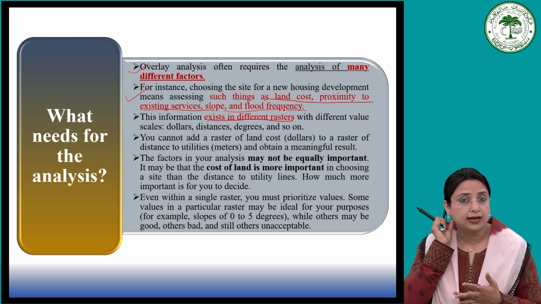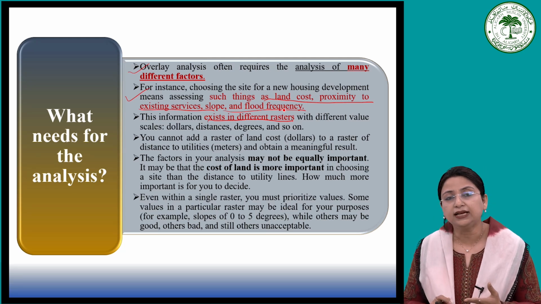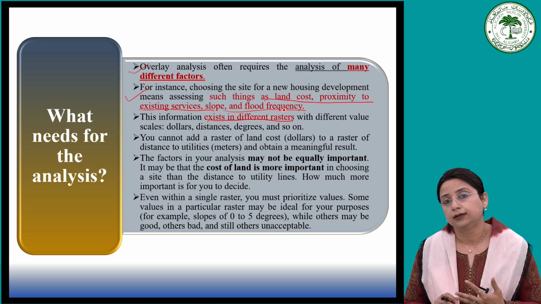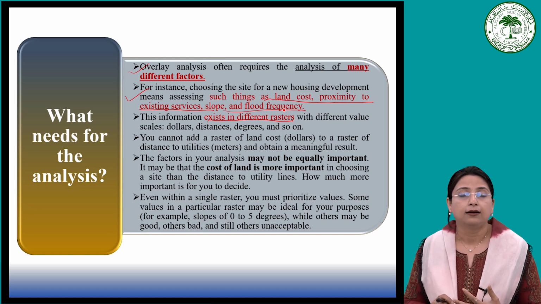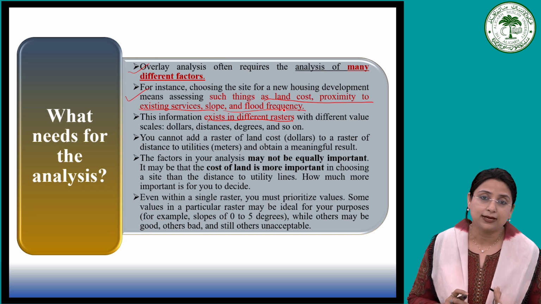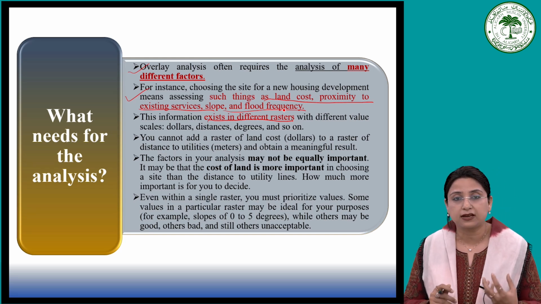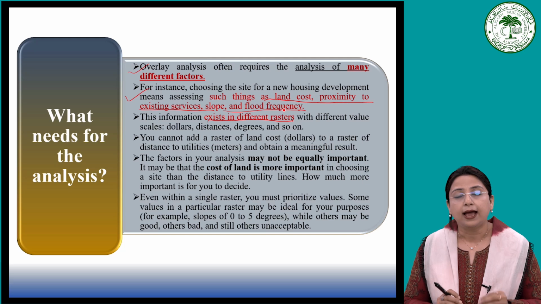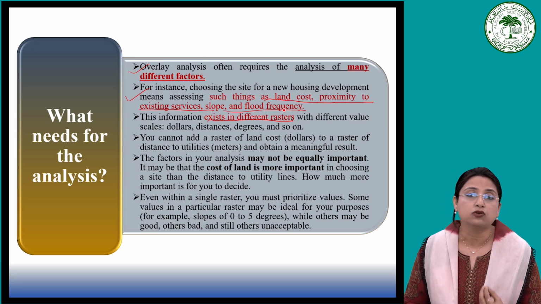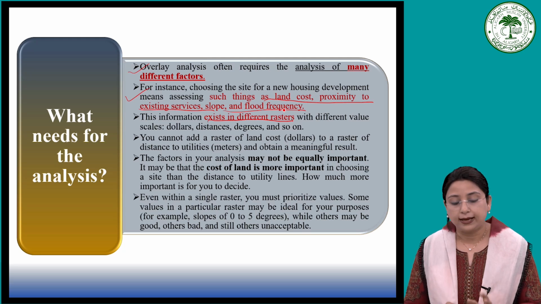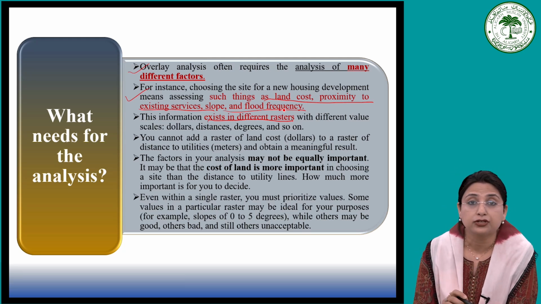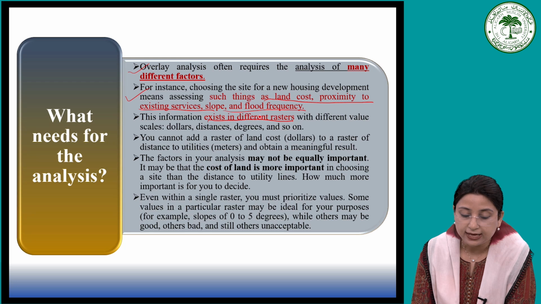Vector data exists as points, lines and polygons, and raster data is simply a representation of pixels, where each pixel has its own characteristic or attribute. So this information on different factors generally exists in different rasters.